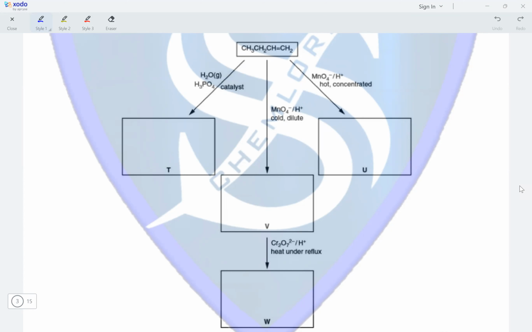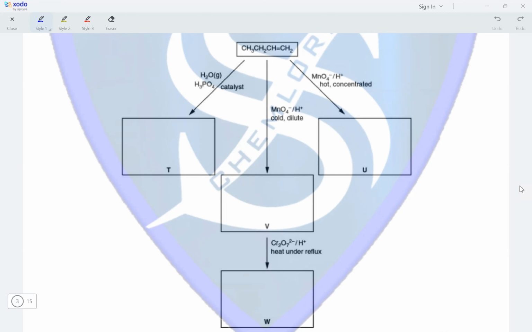So on the left, we've got it reacting with steam and phosphoric acid in the presence of a catalyst. So we have formation of an alcohol. Now, the alcohol produced may have the OH group on the terminal carbon atom, or it may have the OH group on the second carbon atom.